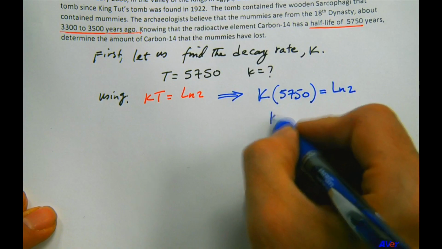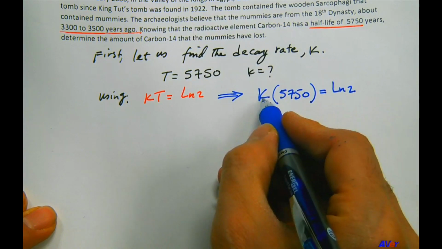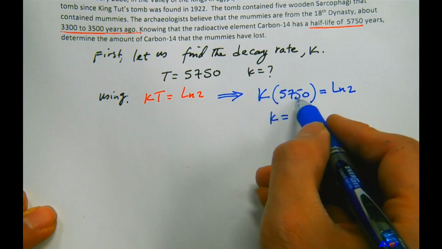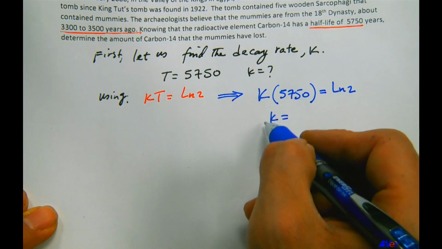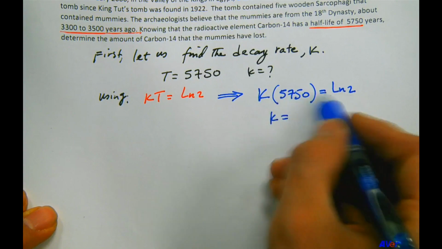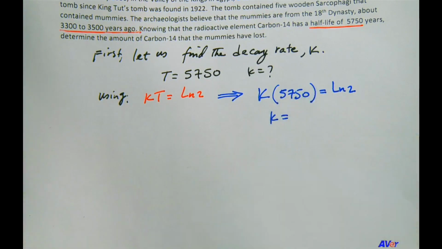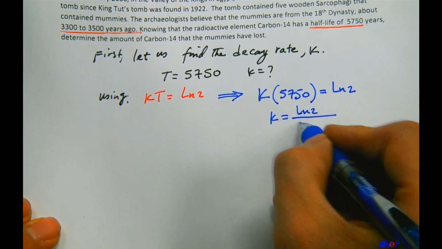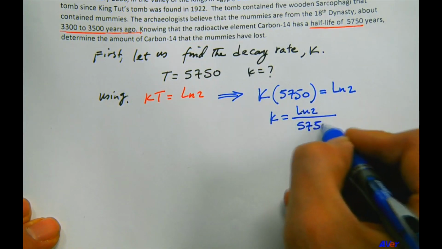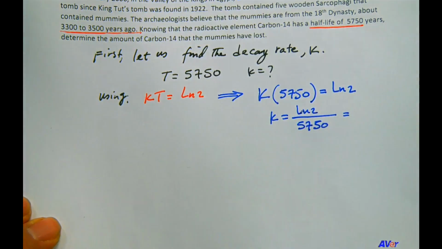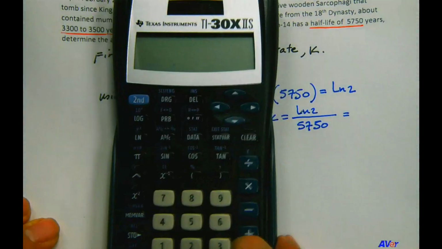So then we're solving for K, so K needs to be isolated. Is it isolated? No, it's got this 5,750 next to it. So we've got to get rid of it. How? Divide both sides by 5,750. So K is equal to natural log of 2 divided by 5,750. Let's calculate that.